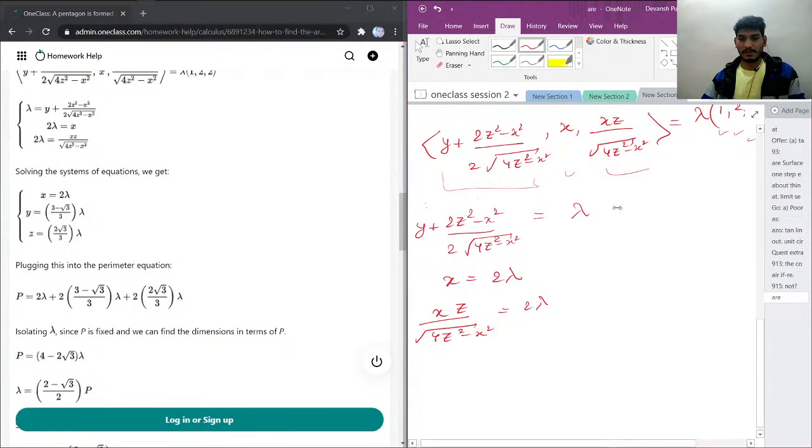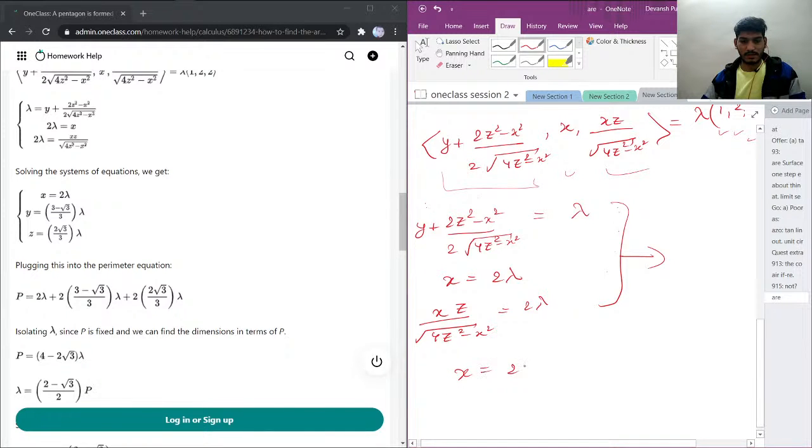So basically we are going to solve this system of equations, and this can be easily solved using a computer, but solving this manually is going to take a lot of time. So I'll just take the values from here only.